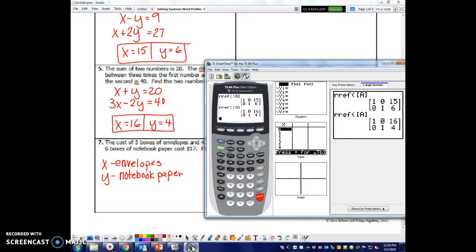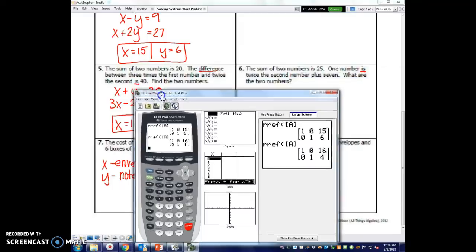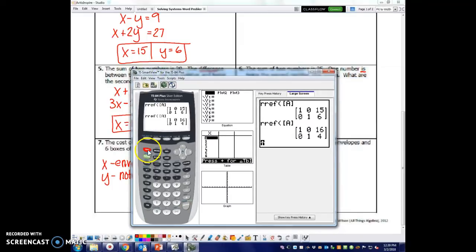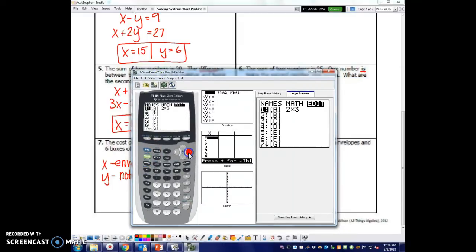Well, I'm going to use matrix again. So, second matrix, edit, 2 by 3. It's going to be 3, 4, 13.25. 2, 6, 17.